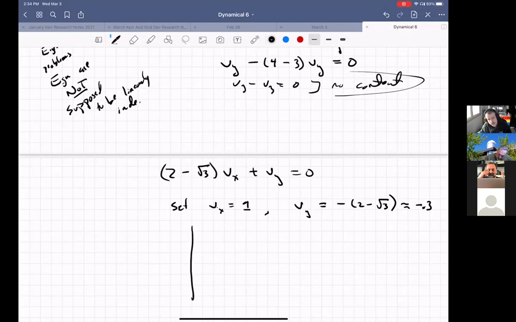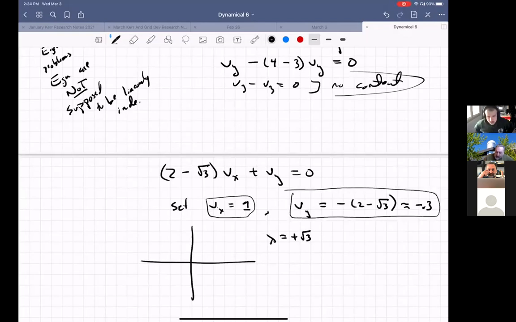What that means is for the eigenvector whose eigenvalue is plus root 3, there's a line that is tangent, that lies along those points. Those points are 1 unit over to the right and 1/3 of a unit down.